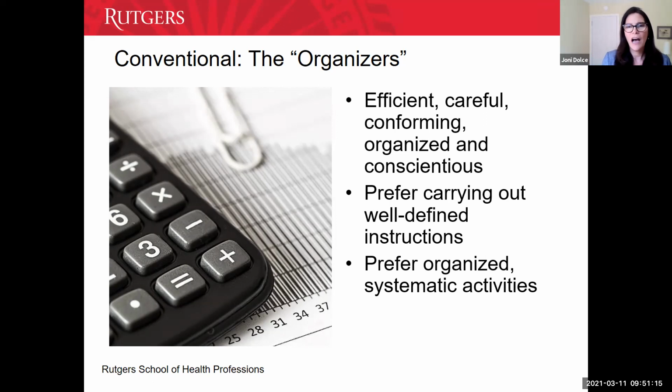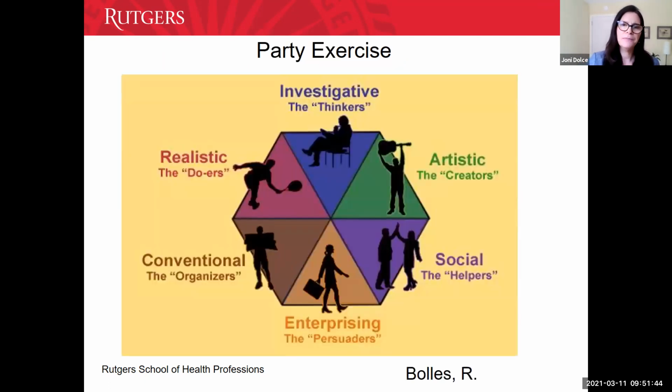If someone is interested in a certain type of career, but may not have the skills or may need an accommodation to address whatever functional implication they might have, that would be a little bit easier to accommodate than someone who just doesn't have that value. So this is from the Richard Bowles book that's referenced in the back.